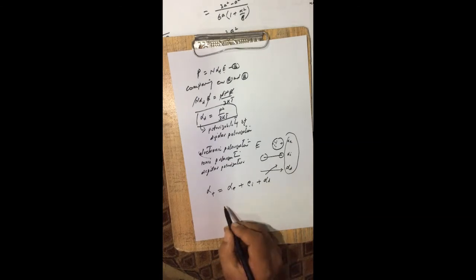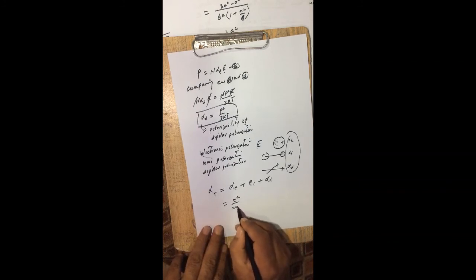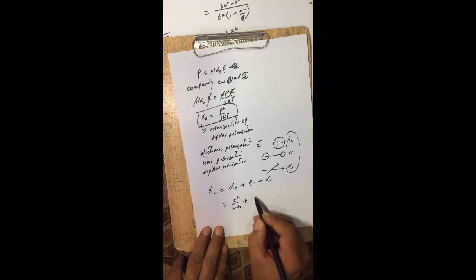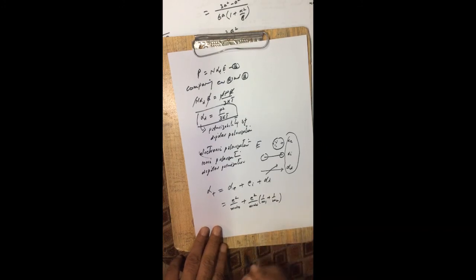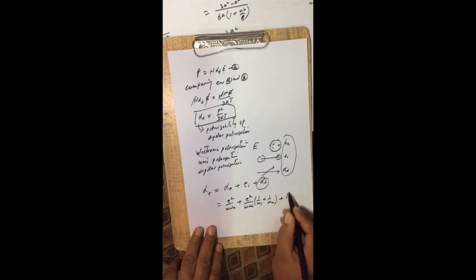And we know their values, because the electronic polarizability is equal to e square over m omega naught, plus the ionic polarizability is equal to e square over m omega naught into 1 over m1 plus 1 over m2, and we have the dipolar polarizability, which is equal to p square over 3kT.